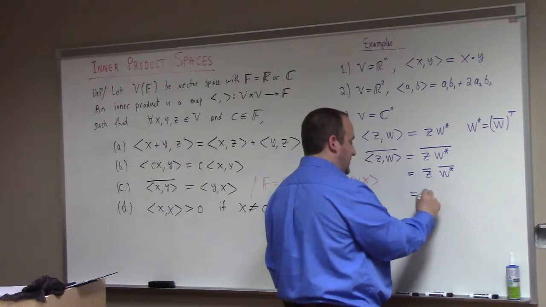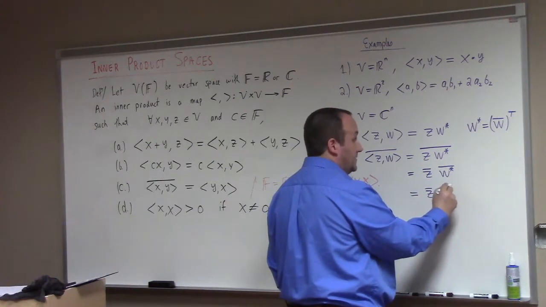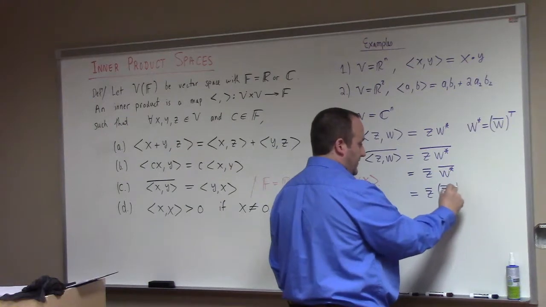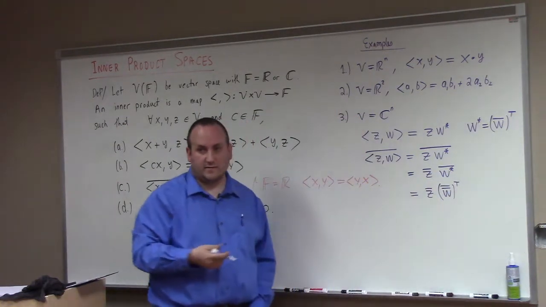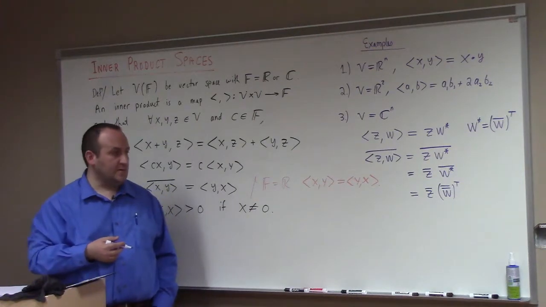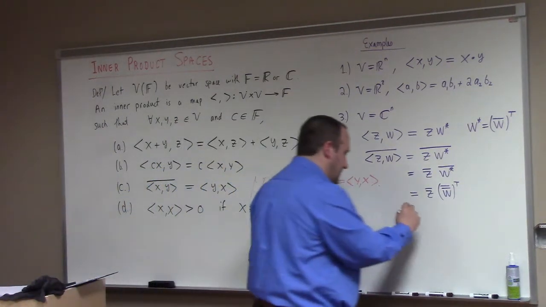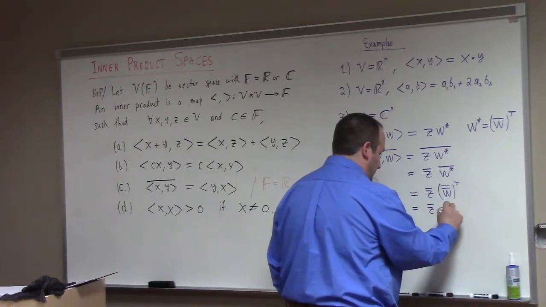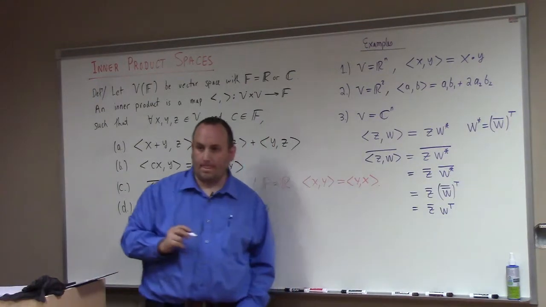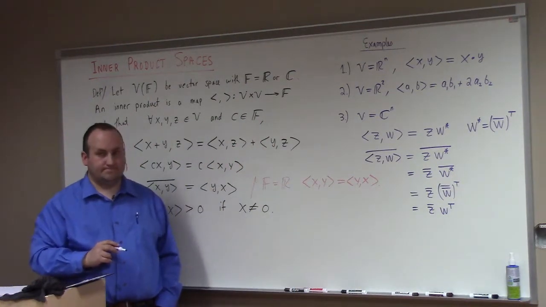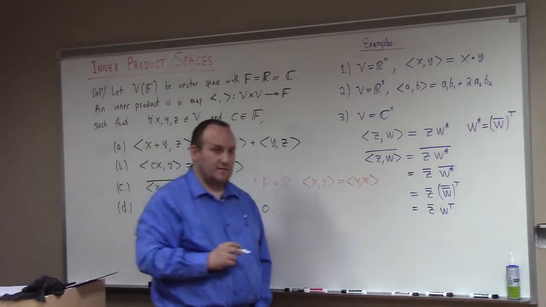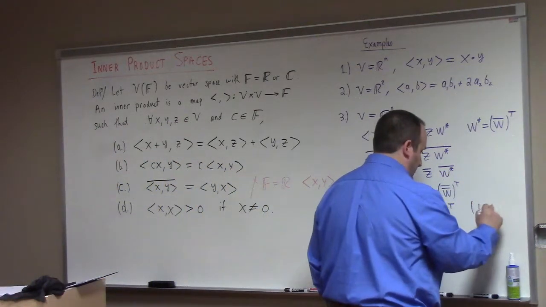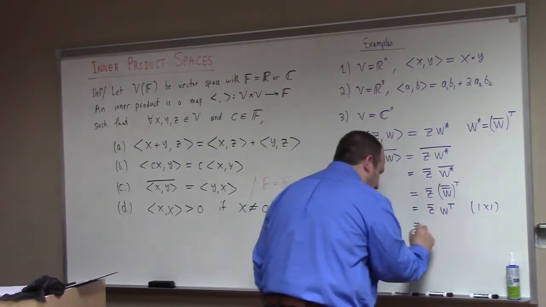That is Z bar W bar bar transpose, because you can either take the transpose or the conjugate in either order. I mean, this is a property. So anyway, that gives you Z bar W transpose. But this is a complex number, right? Which is a 1-by-1 matrix. So you can say that this is equal to its own transpose.